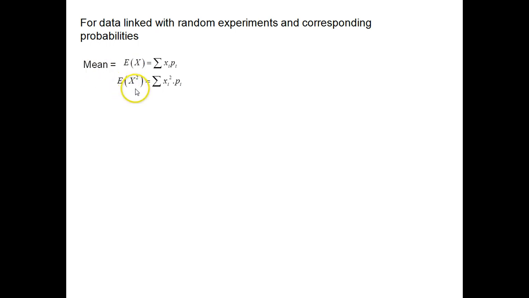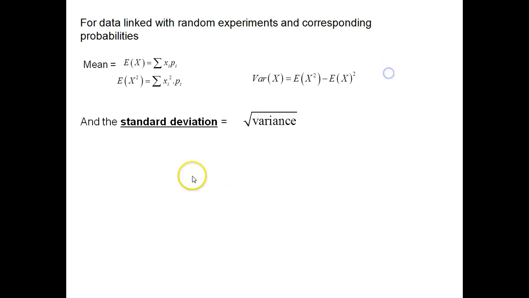The expected value of x squared is the sum of all the x's squared multiplied by their probabilities, and then we can work out the variance, which is E of x squared minus E of x all squared, if we've got tables with linked probabilities. And then of course the standard deviation is the square root of the variance.